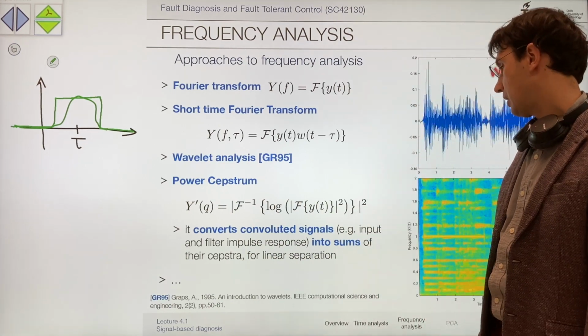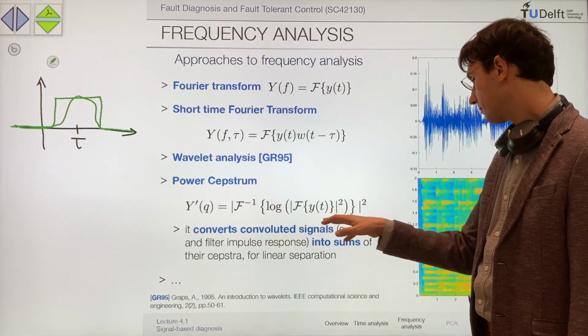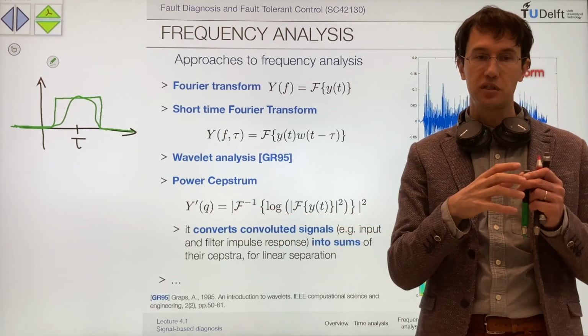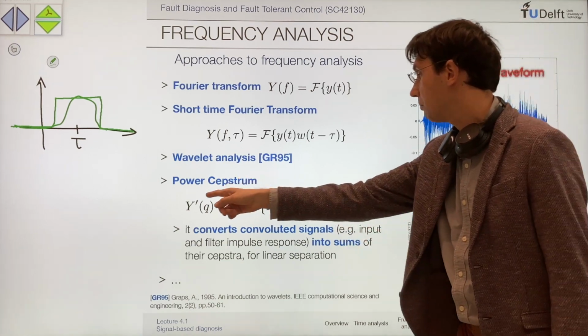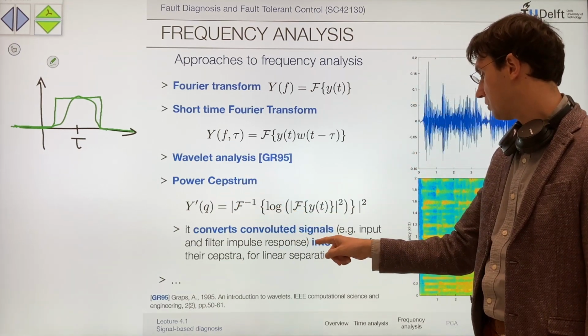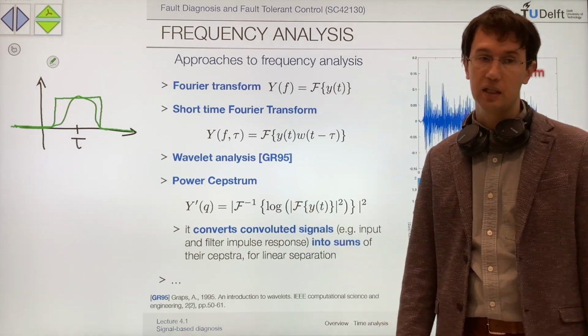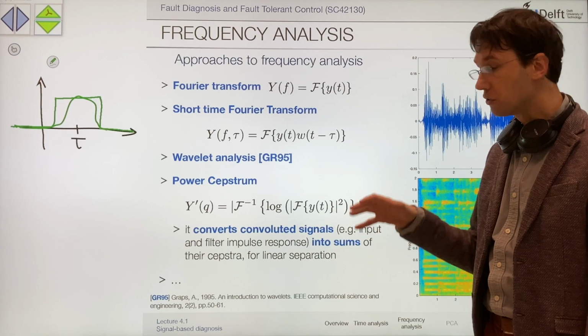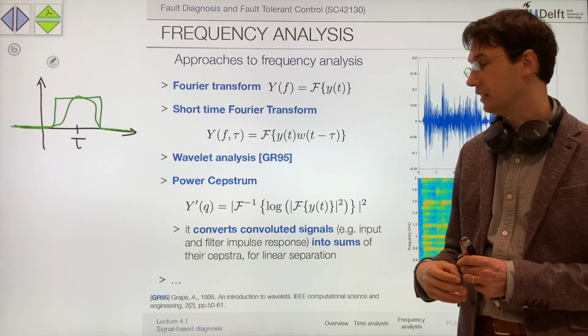Because it turns out that if you have signals that are convolved, like you have your signal that is going through a filter, the power cepstrum is returning you sums of the cepstra of the individual signals. That is your signal and the impulse response of the filter in this case.